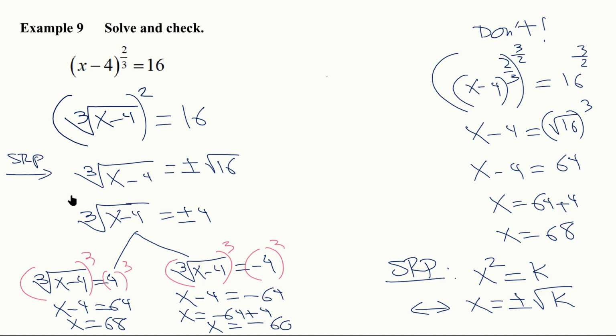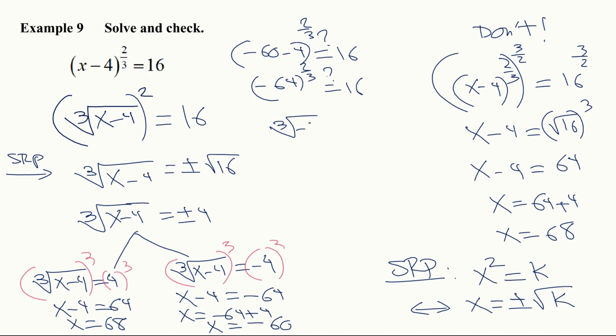Now, I already showed you how to check 68. Negative 60 will work too, because look, we get negative 60 minus 4 to the power of 2/3. We want to know if that's equal to 16. So we have negative 64 to the power of 2/3, which is the cube root of negative 64 and then squared.